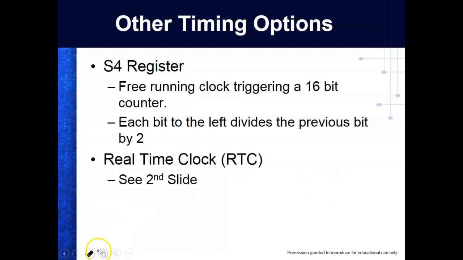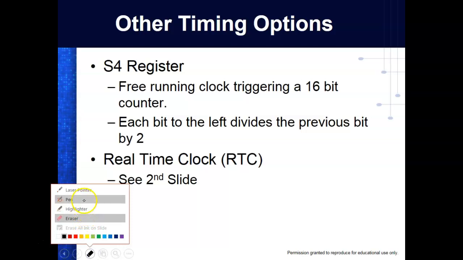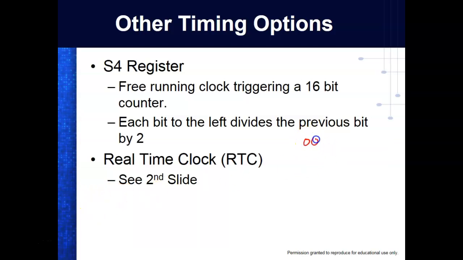I'm just going to use 5 bits when this is actually 16 bits. So I started counting in binary. 2, 3, 4, 5, 6, 7, 8. I'm going to run out of room. 9, 10.